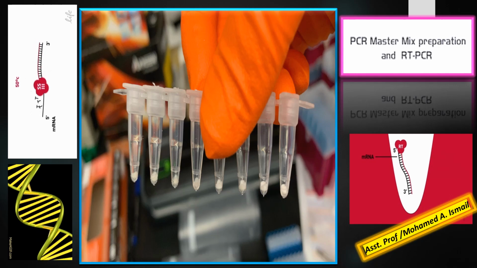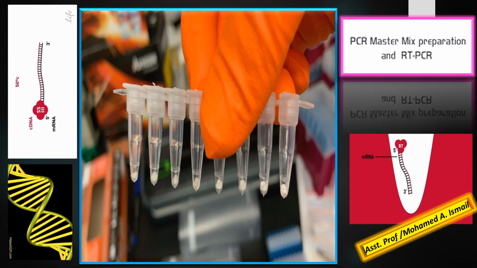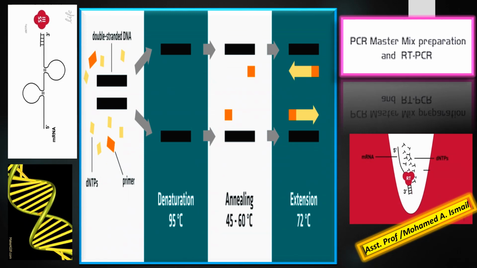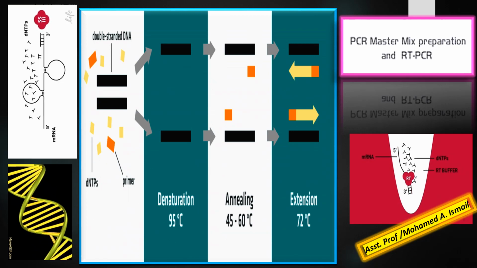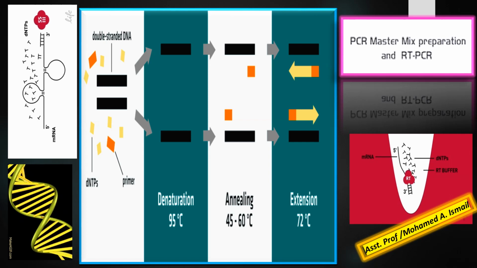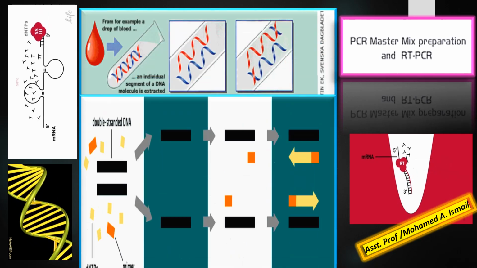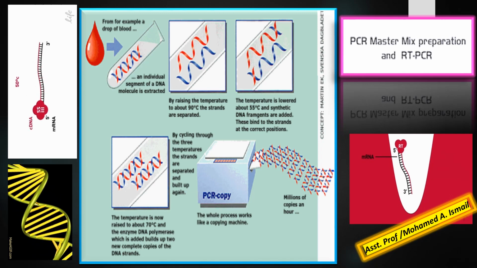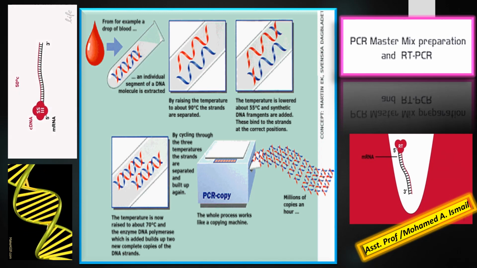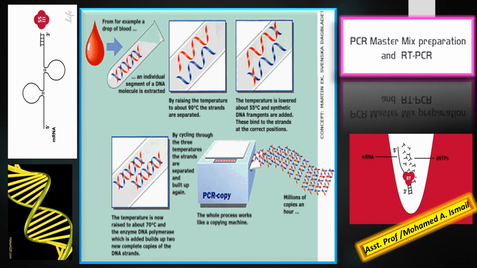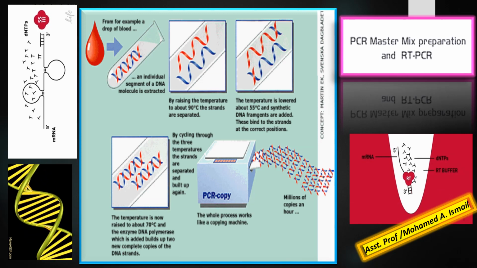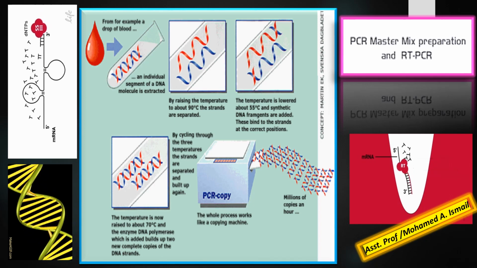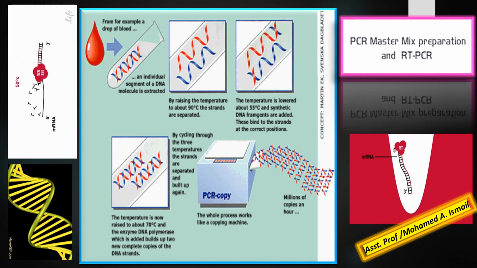Put these tubes in the PCR thermocycler and program the correct parameters according to the RT-PCR protocol used, and start the reaction. This sensitive machine amplifies a specific DNA sequence according to the protocol used.